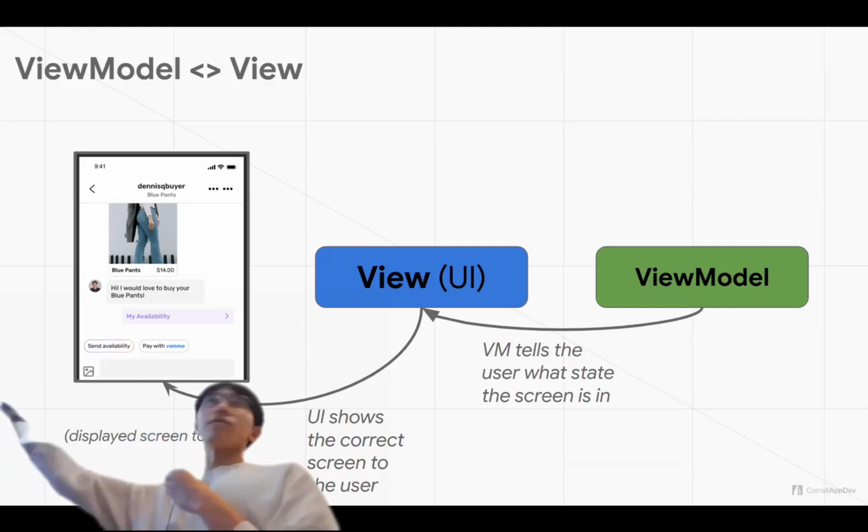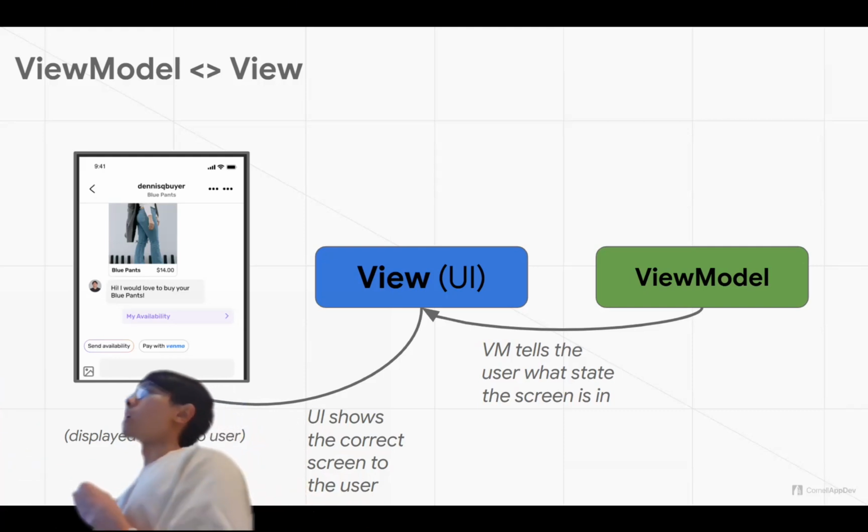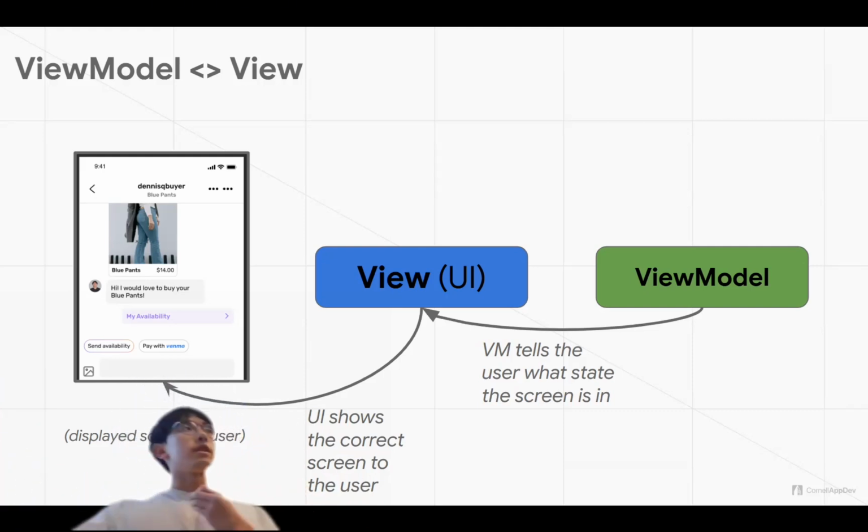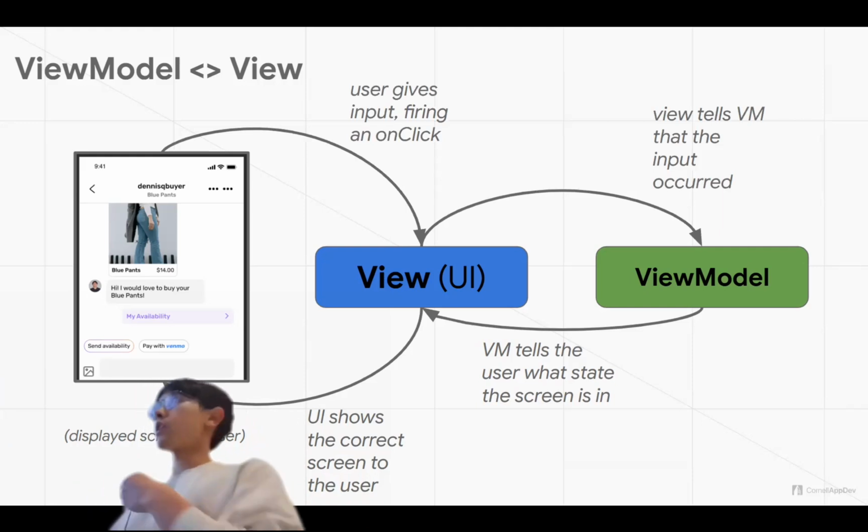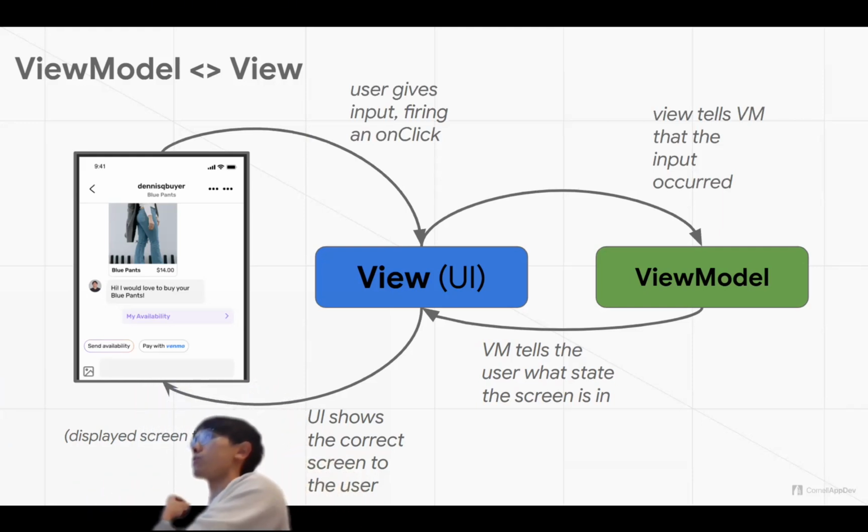And then the UI, if you've implemented it correctly, will display to the user the correct screen given that state data.